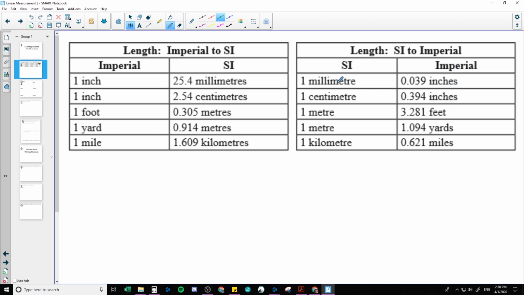Okay, so 1 millimeter is 0.039 inches, 1 centimeter, 0.394 inches, and so on and so forth. All right, these charts we're going to go back to every time we have to answer a question, because they're going to set up our ratios for us so that we can cross multiply and divide and get our answer really easily. So let's try this out.